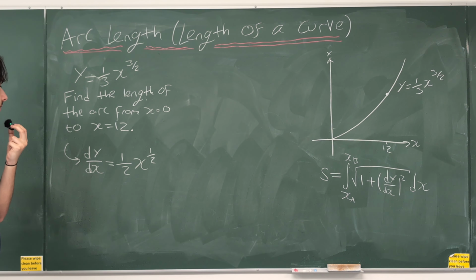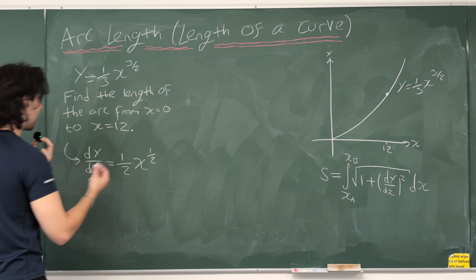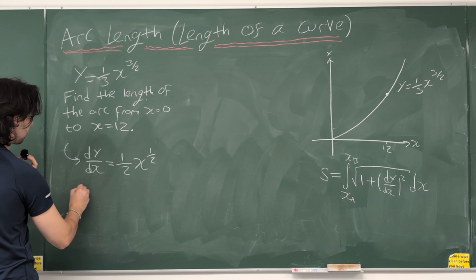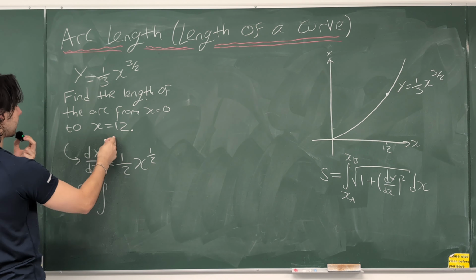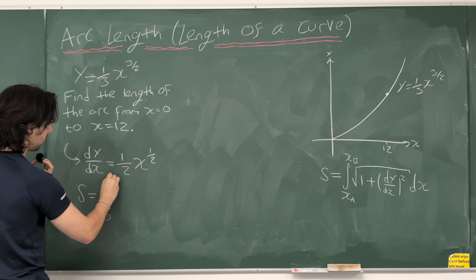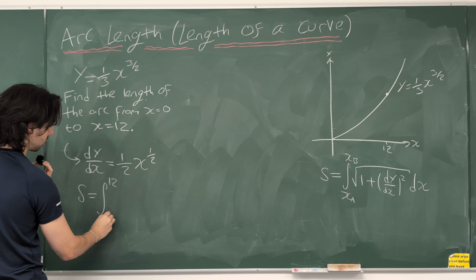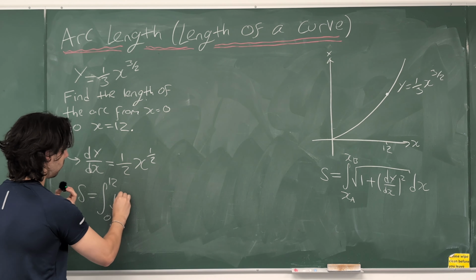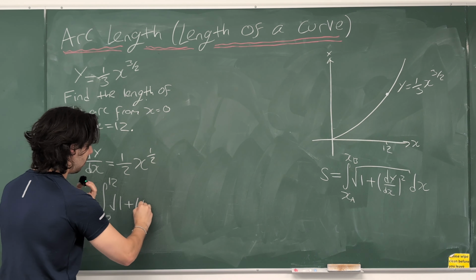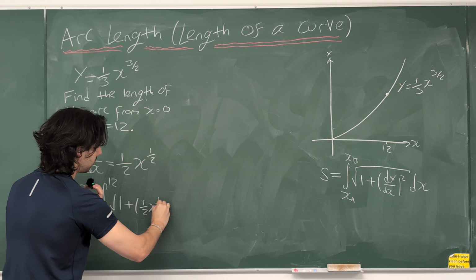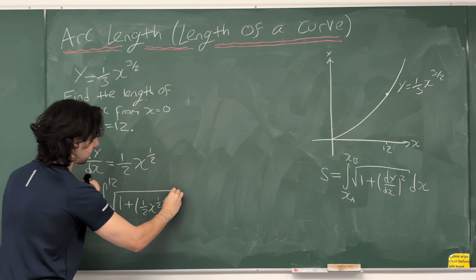Hopefully that makes sense. And then let's just go straight into the formula. s is going to be equal to the integral from, again, we're starting from 0, ending at 12, of the square root of 1 plus dy/dx squared. So 1/2 x to the half in brackets squared.